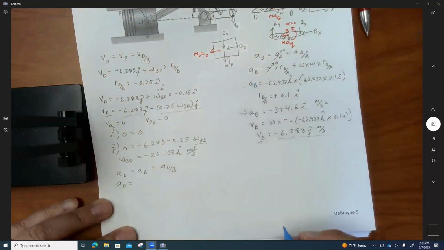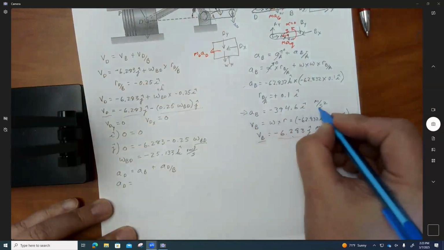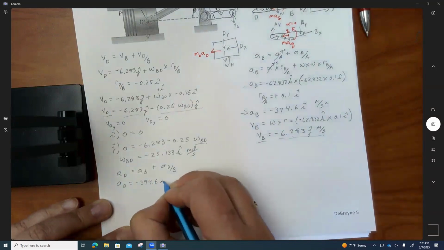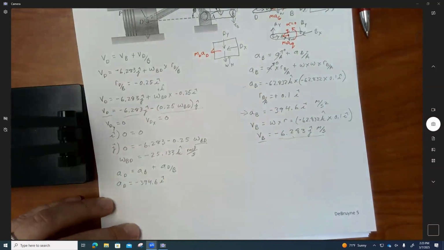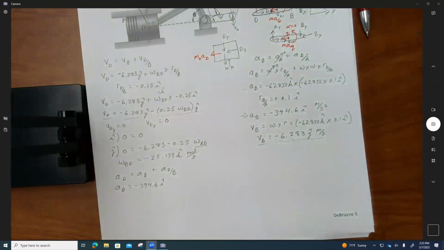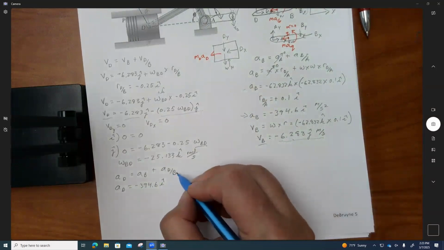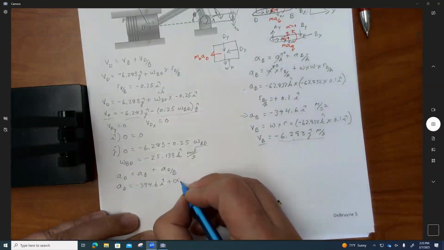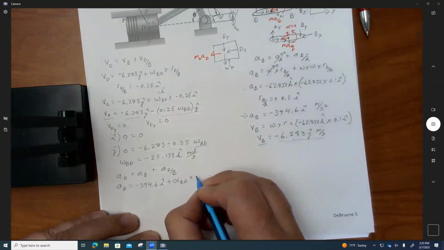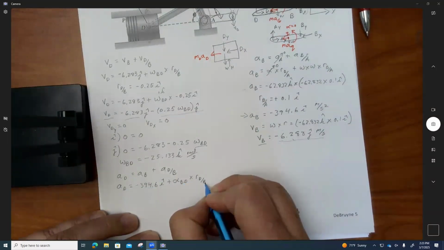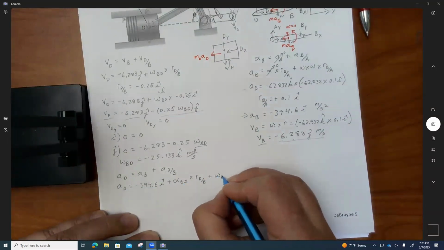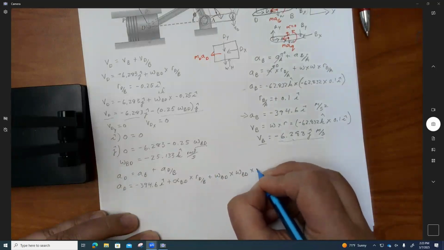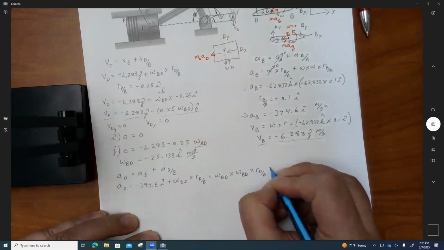I know the acceleration of B, and that was found right here, minus 394.6 I. And what is the acceleration of D relative to B? And that's where I have to add my alpha of BD crossed with R of D relative to B plus omega BD crossed with omega BD crossed with R of D relative to B.